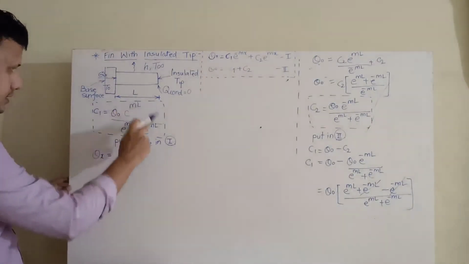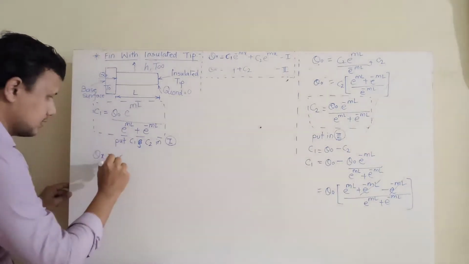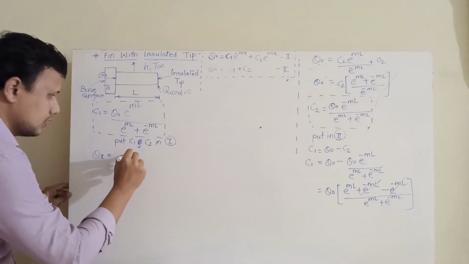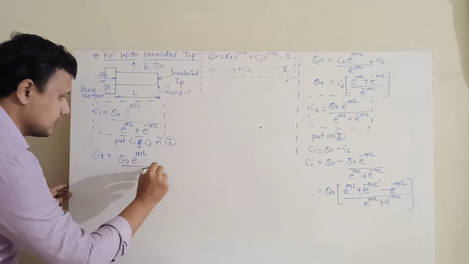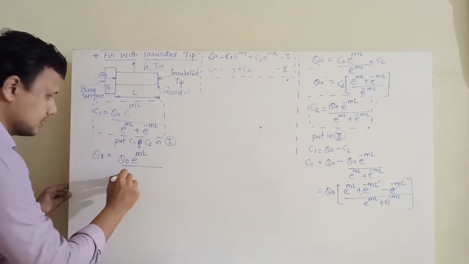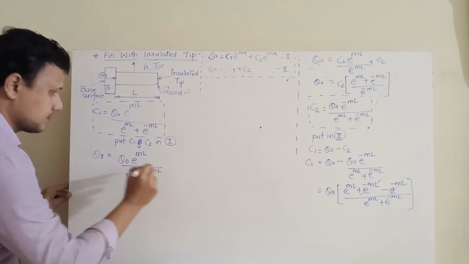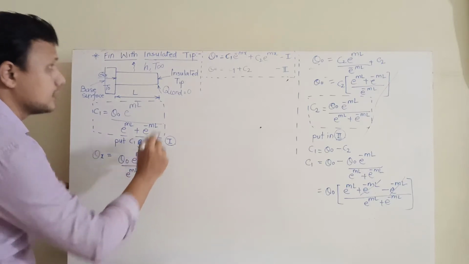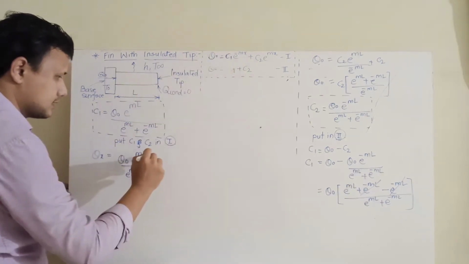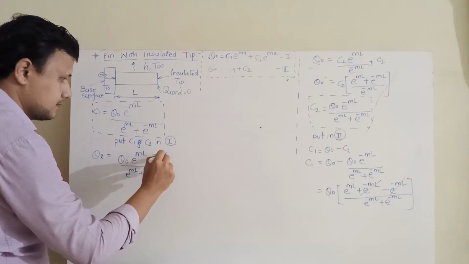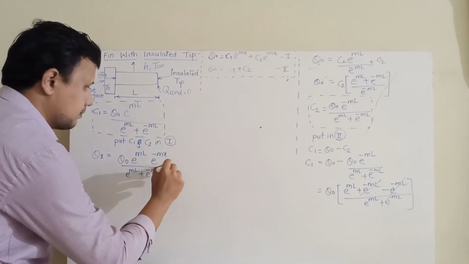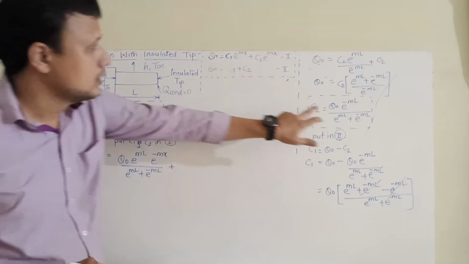C1 is this value. So I can write theta 0 e raised to ml divided by e raised to ml plus e raised to minus ml, multiplied by e raised to minus mx, plus C2, it is this value.